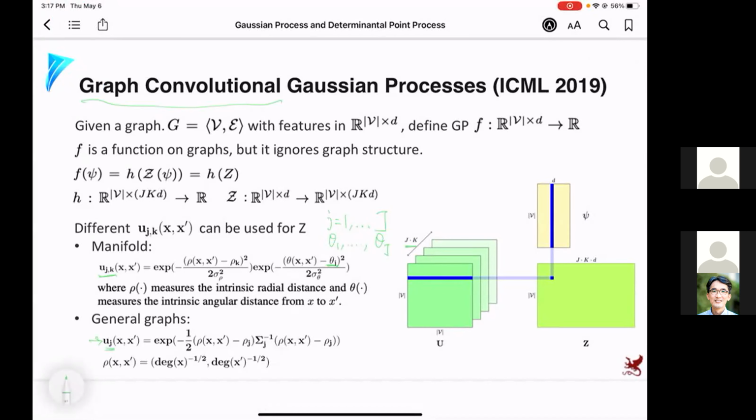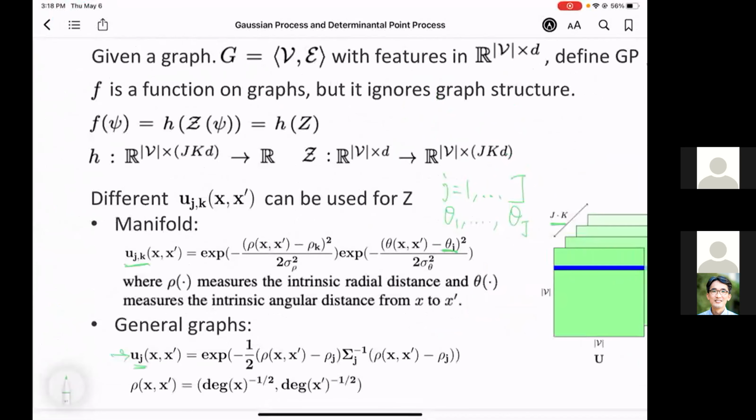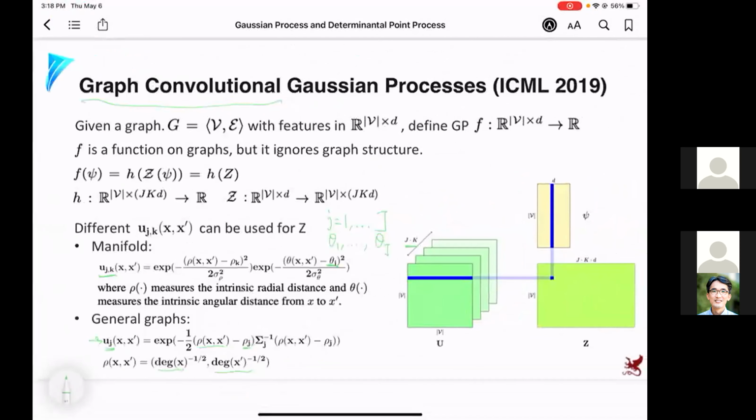It's only J. They are saying that it's like a Gaussian, right? But for the coordinates, we consider the inverse of the degree for two input points. We use the inverse degree of them as the coordinates, and then we choose the hyperparameter rho to figure out the U function of x and x prime. And then we can definitely have other choices of the U functions, depending on what kind of data we're looking at.